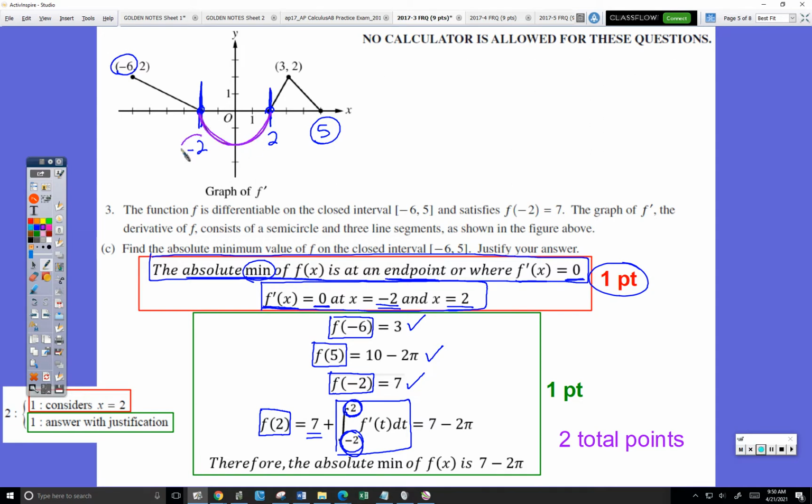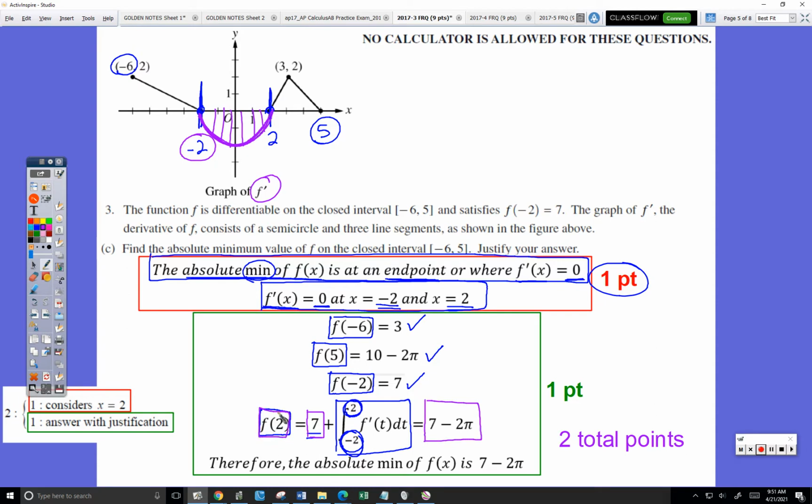So at x equal -2, the value of f was 7. Then for the next 4 x-coordinates, the value of f is going to go down because f prime is negative. The value of this area we've already found as well. That area was 2 pi. So 7 subtract 2 pi is the value of f when x is 2.